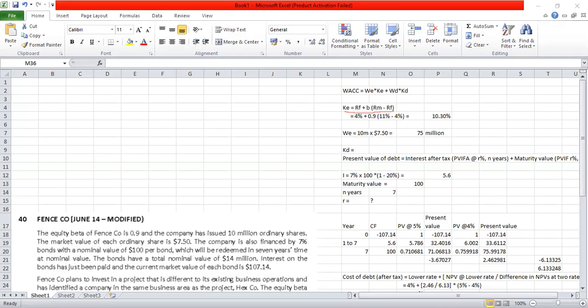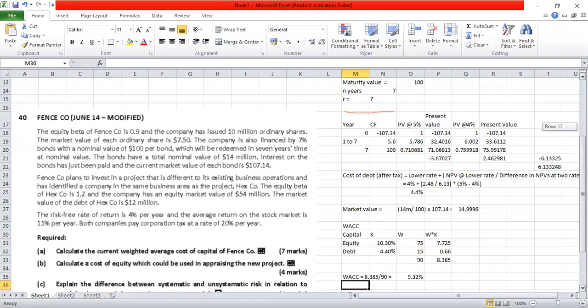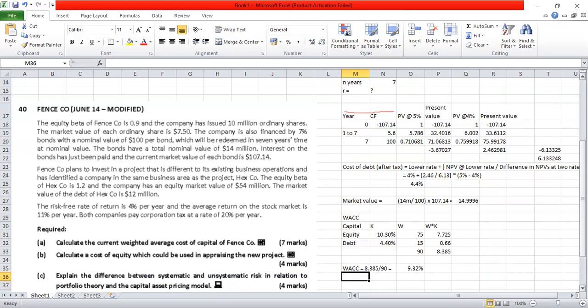So the details here for this particular company: Fence company plans to invest in a project that is different to its existing business operations and has identified a company in the same business area as the project, Hex company. It says the equity beta, very specifically mentioned as equity beta.